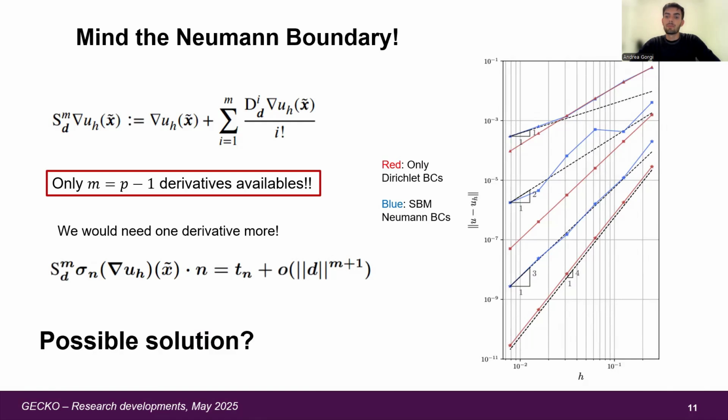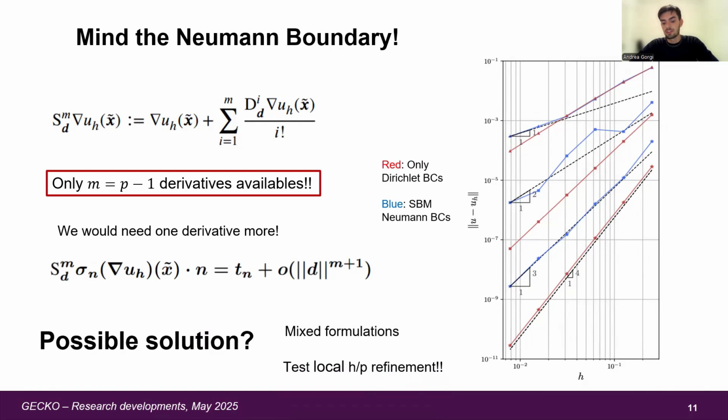And the question is, is there a possible solution up to now? Well, the short answer is yes. We can use mixed formulations, that is, introduce degrees of freedom also for the strains, or in general the derivatives of our unknowns in our computations, in order to have that additional derivative available.